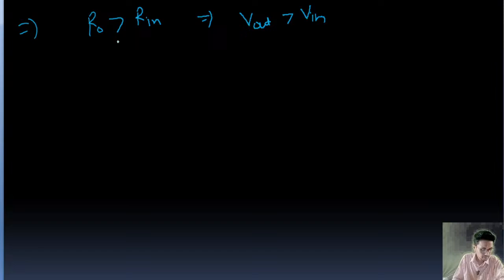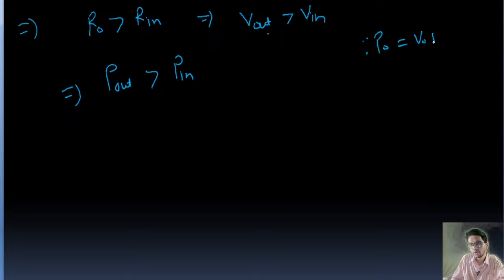And similarly, P output is greater than P input, because V output is greater than V input and R output is greater. We know P output is V output and R output, so P output is greater than P input. So what does it say?